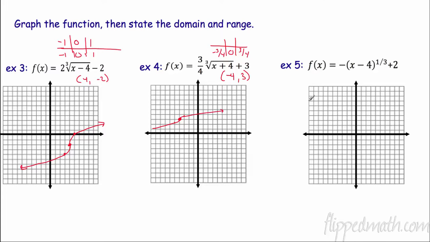All right, last one. This is, again, negative, and this is just the cube root of x minus 4, plus 2. So our reference point's at 4, 1, 2, 3, 4, and up to 1, 2. So we're going to multiply it by negative 1. So negative 1 is going to go to 1, 0 still goes to 0, and 1 goes over to negative 1.